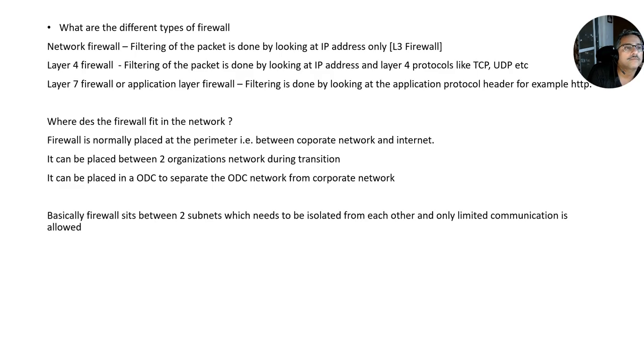There will be a firewall between the ODC and the corporate network, so that nobody can download anything from your corporate network into the ODC or send any data from inside to the corporate network. The client of corporate A will decide whether they want a separate ODC or not, and you have to comply with the customer. So that is how the firewall fits in the network.